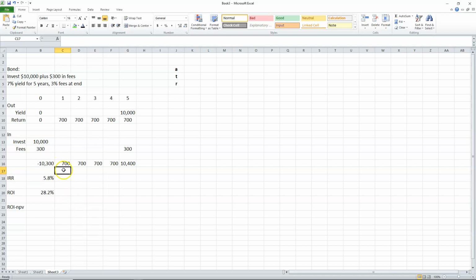So what's the NPV of this value? Well, it's equal to A divided by 1 plus 4% raised to the first power, and it comes out to this. And so I can do this the rest of the way and add everything up, or I can cheat.